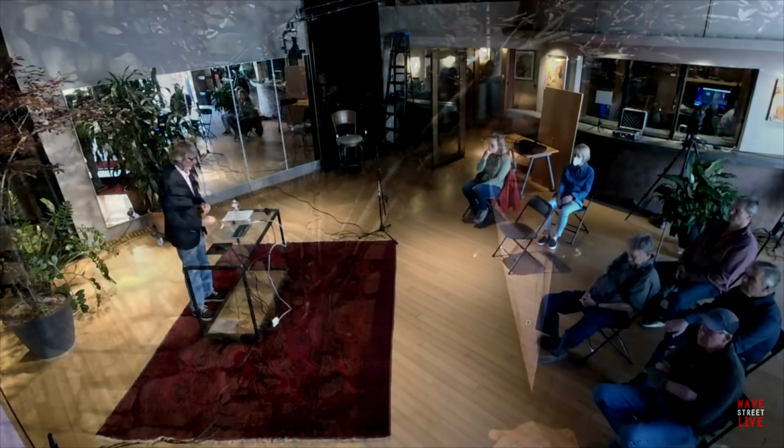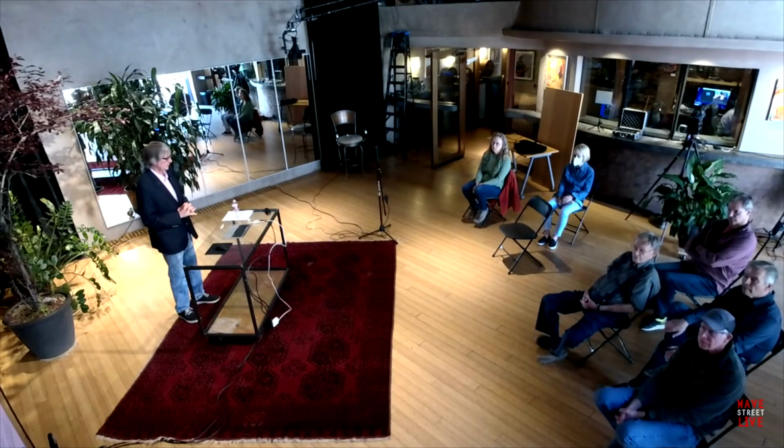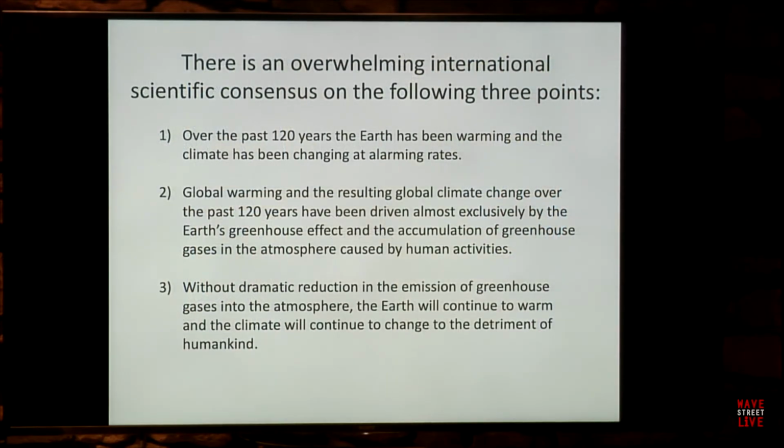So I want to make a few closing comments here now. There's an overwhelming international scientific consensus on the following 3 points. Point 1, over the past 120 years, the Earth has been warming and the climate has been changing at alarming rates. Point 2, global warming and the resulting global climate change over the past 120 years have been driven almost exclusively by the Earth's greenhouse effect and the accumulation of greenhouse gases in the atmosphere caused by human activities.